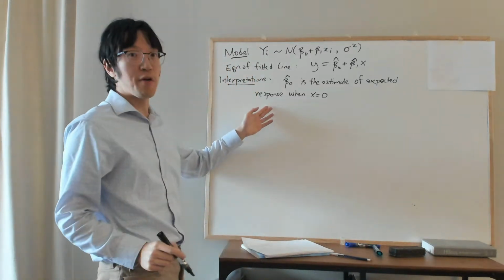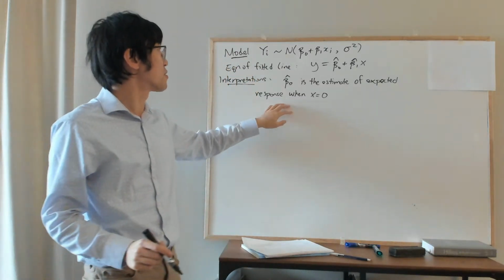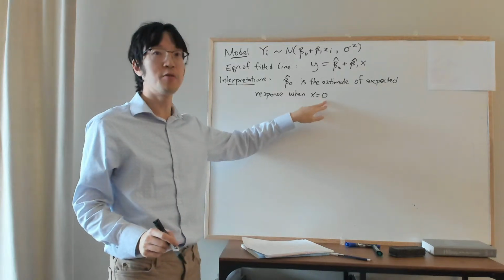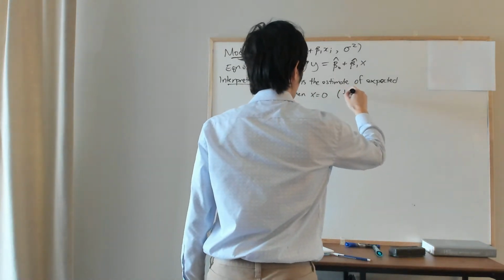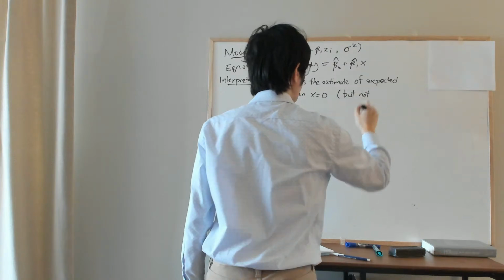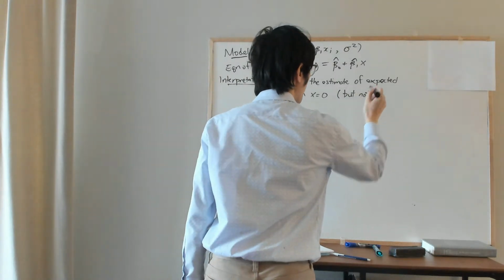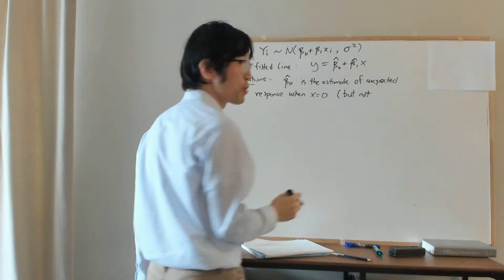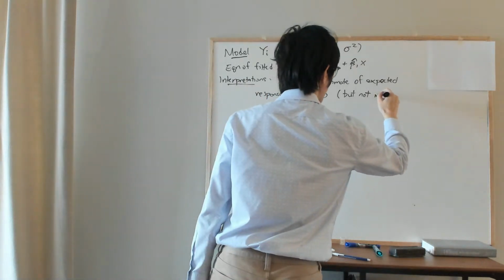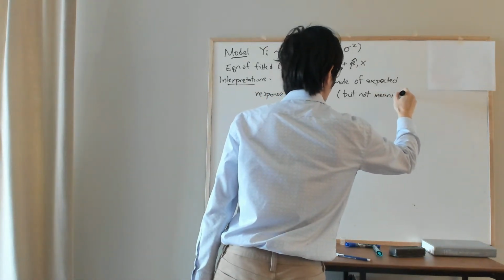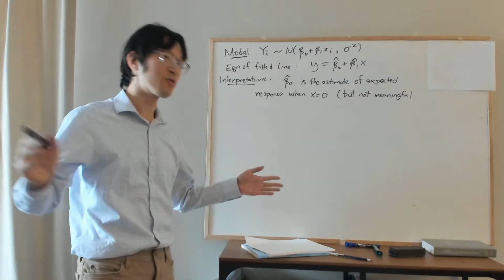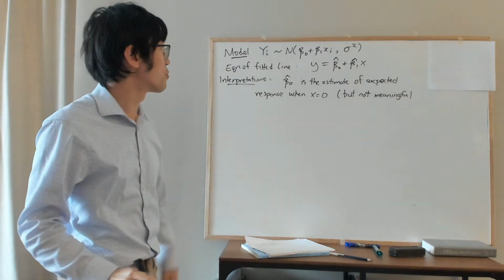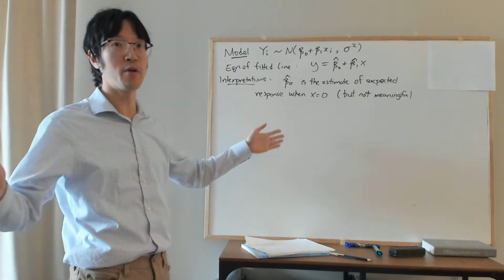Now, of course, we have to be careful when we interpret it, because sometimes x equals 0 is not even meaningful. So let's put a little caveat here. We should not be too careless to interpret it, because it might not be meaningful. If the range of your x's doesn't even include x equals 0, then we should be careful when we try to extrapolate outside the data.